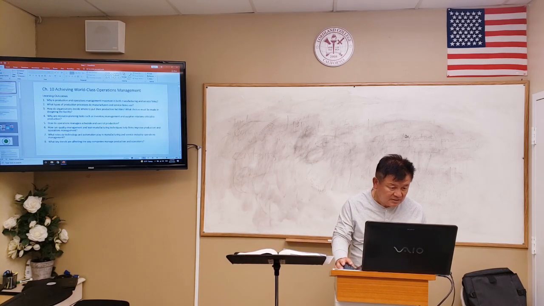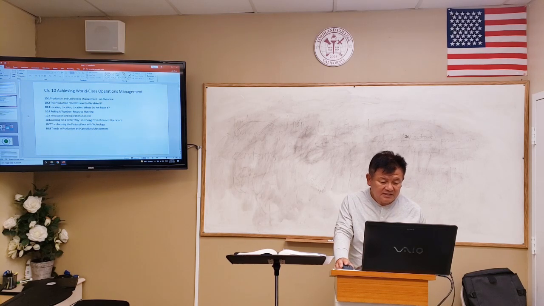Let me show you that this chapter 10 consists of 8 sections. 10.1 is production and operations management: an overview. The second is the production process: how do we make it? Third is location: where do we make it? 10.4 is putting it together: resource planning. 10.5 is production and operations control.